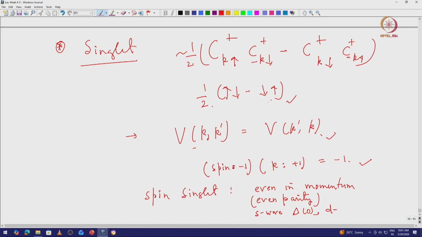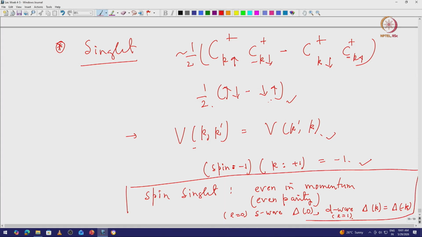You can have D wave, in which you will have k equal to plus k, and D wave means it has the same orbital symmetry as the d orbital, whereas the wave function has those discrete symmetries. So, angular momentum being L equal to 0, L equal to 1. So this is one possibility.